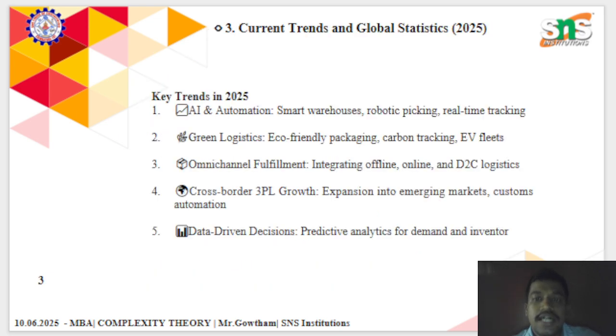The third point is current trends and global statistics in 2025. How are logistics operations operated? First, AI and automation. They use smart warehouses, robotic picking, and tracking.